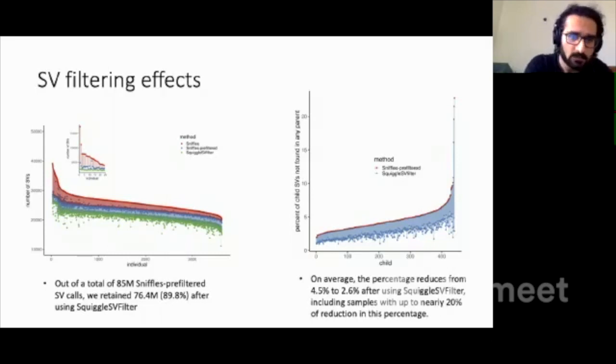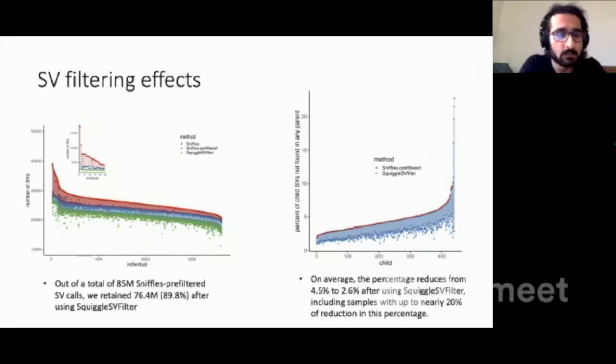So again, as you see from the smaller figure atop the first plot, individuals where we have a massive number of SV calls are successfully reduced down to a more sane SV count. Guessing from the plot, it's more like about 20,000 or so compared to 150,000.